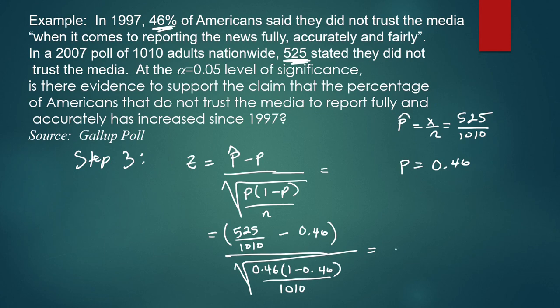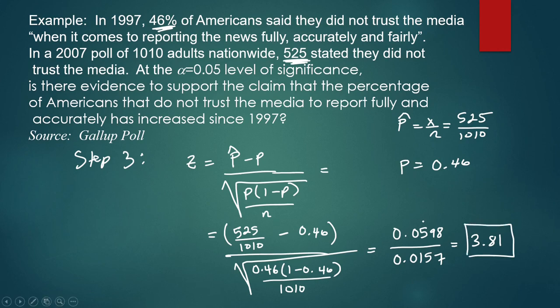This gives us a value of 0.0598 for the numerator if I'm doing this separately. And the denominator should give us around 0.0157, and that reduces to 3.81. So you could do it separately by doing the numerator first and then the denominator, then calculating the value. Or you could just enter the whole thing in one try and get out the z-score of 3.81.